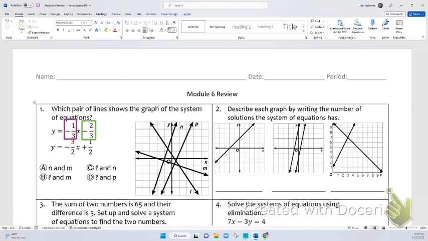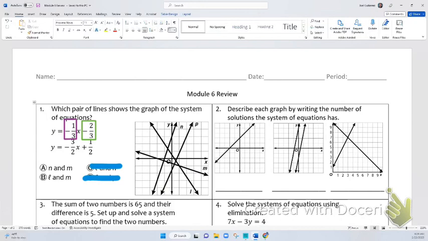We can see here that the line they are talking about is this one right here, and that one is line M. So if you look at our possible answers, if it doesn't have line M as in Mary, then obviously we can cross those out. So we are left between A and B, so we have to look at the second one to see which line they are drawing.